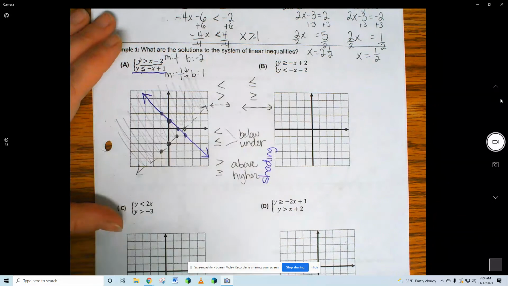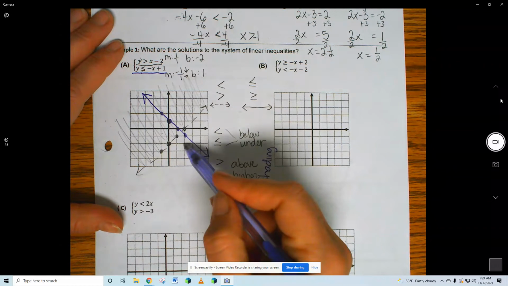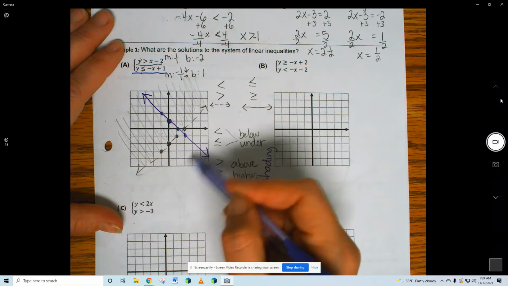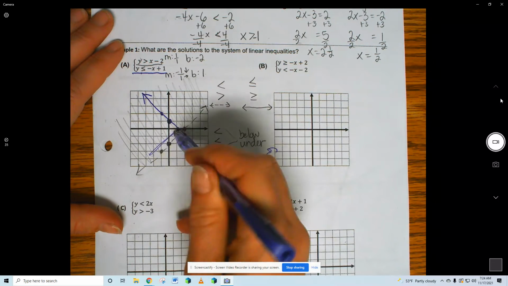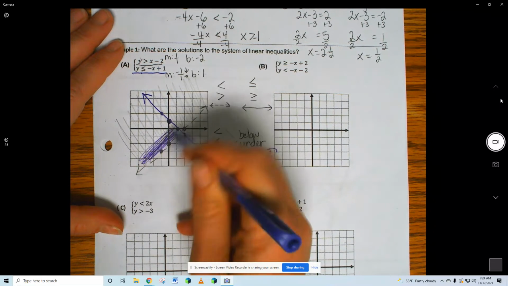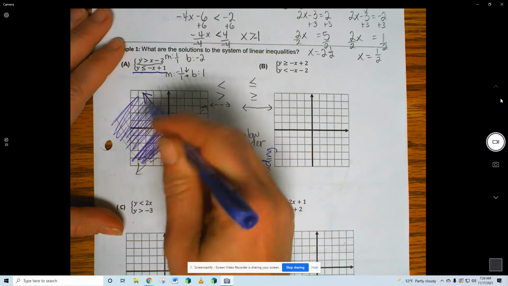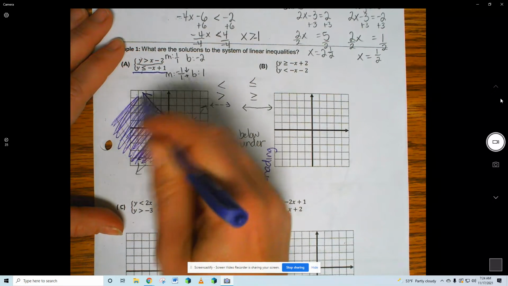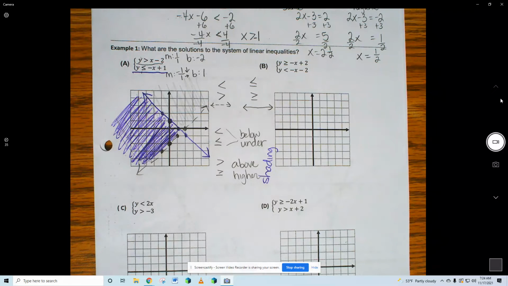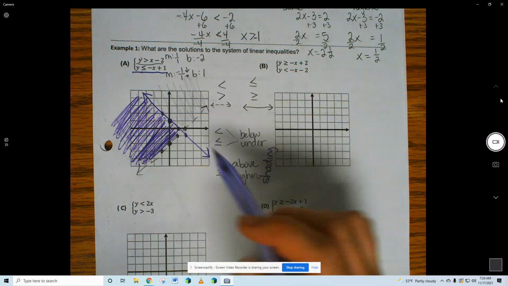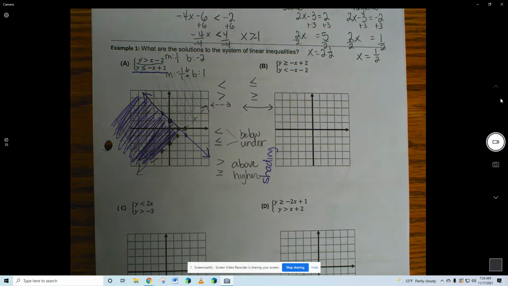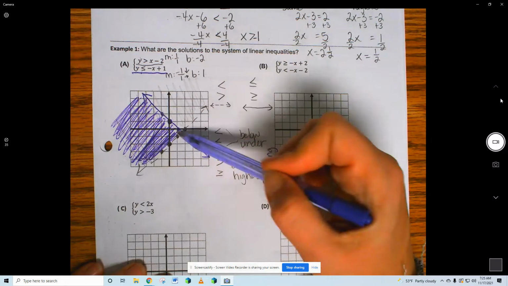Now, only shade what's in common. I don't need to shade over here because that's not in common with my pencil shading. Here is the common area. Make it dark. So it's this little triangle area, right here.